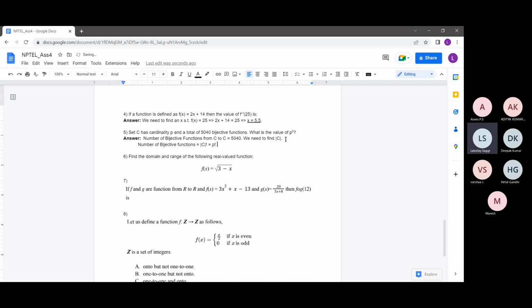And how can we justify this? We have seen in lectures why the number of bijective functions equals this. For a function to be bijective, it should be one-one and onto. So every element of set C should map to a unique element of set C. So we can take any permutation of C and map it to a fixed permutation of C.